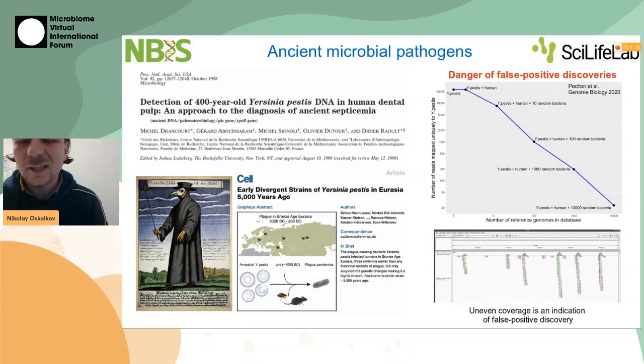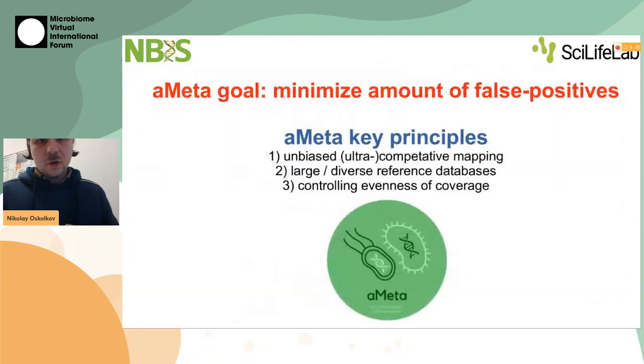So that's an example of how people see and detect that it was a false positive discovery. And this was exactly the goal of aMeta: to minimize the amount of these unfortunate false positive discoveries. And we achieve this goal following three key principles.